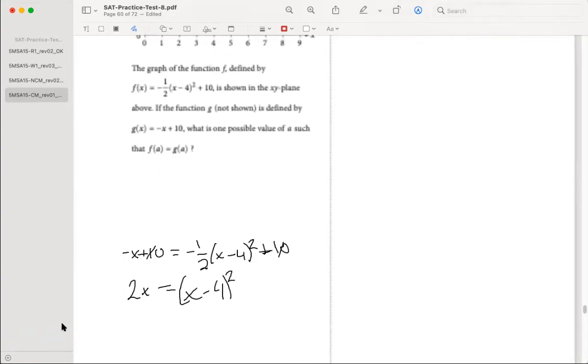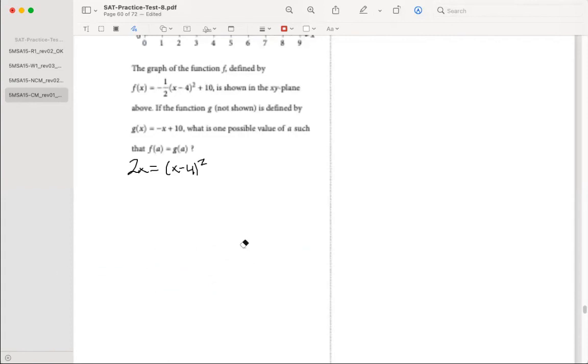Let me just rewrite this at the top. So (x minus 4) whole squared will expand into x squared minus 8x plus 16.